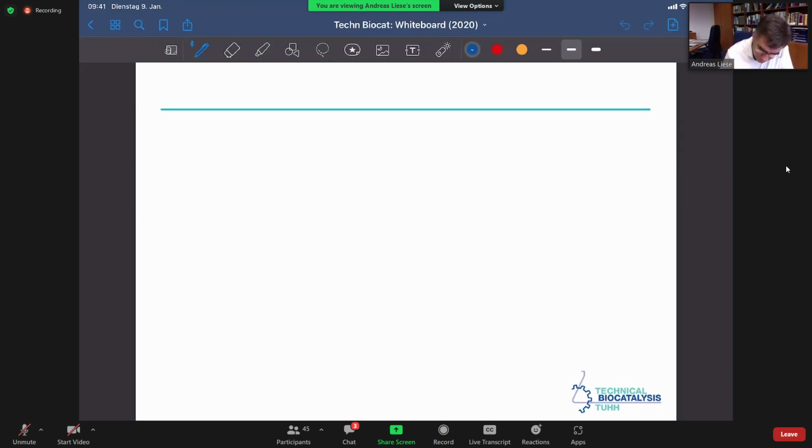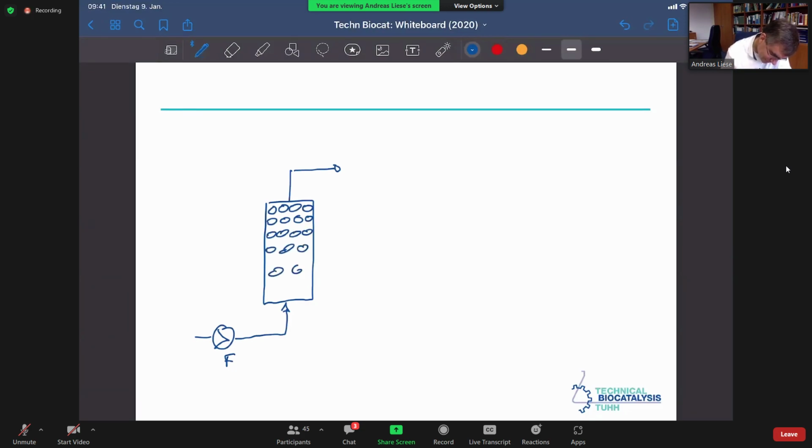So the situation is, we have a packed bed reactor, and a pump generates a flux V. In this reactor we have our particles with immobilized enzyme, equally filled.